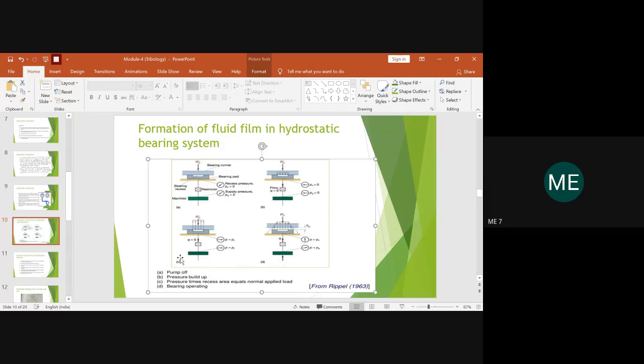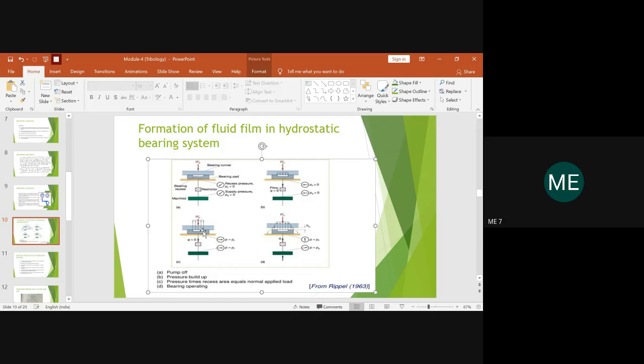Next comes the third stage. What is the third stage basically here? The pressure times recess area equals the normal applied load. This is just shown here, like the pressure distribution and the load in the downward direction. The equilibrium part, what I told you here, is represented in the third condition.